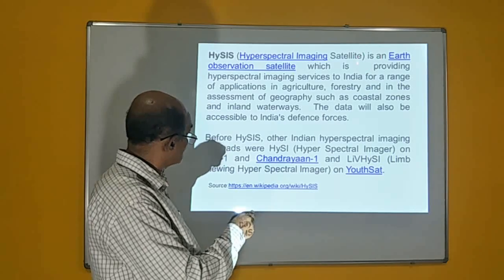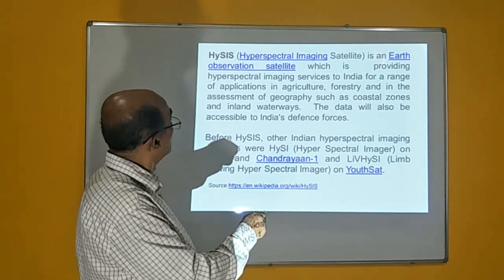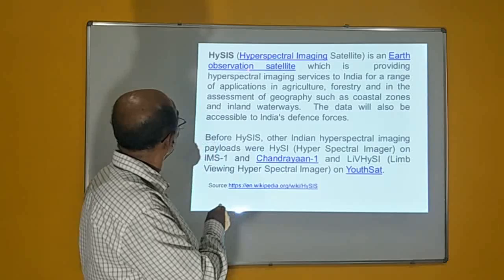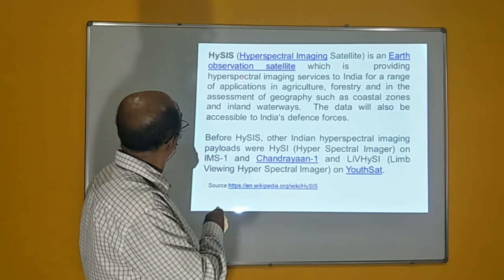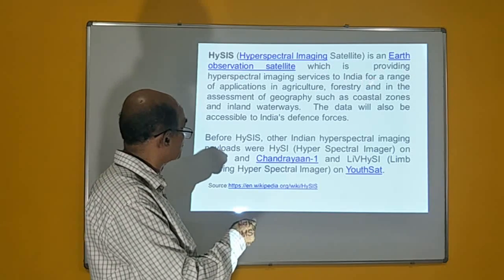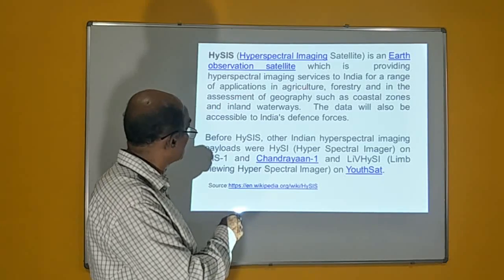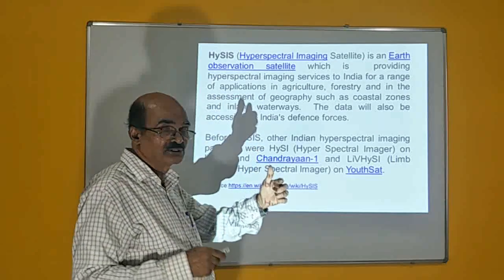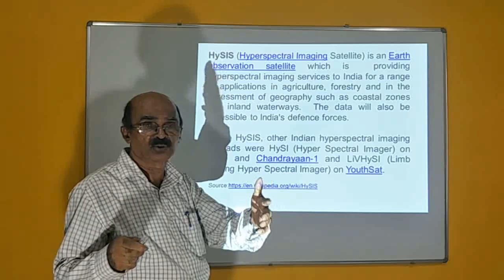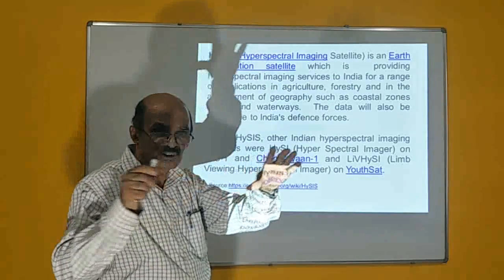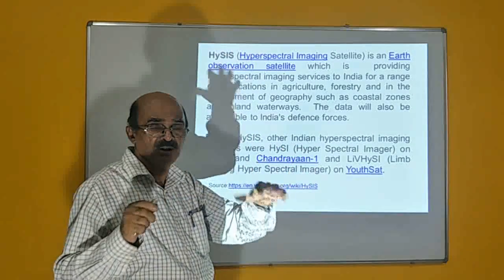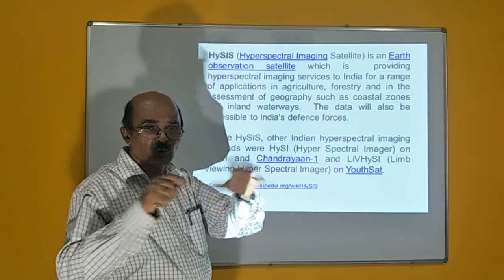So what are the sensors available, and we have discussed, and its specification is an Earth observation satellite which is providing hyperspectral imaging services to India for a range of applications. See, in the field of agriculture, see what type of crops are grown in an area and how much area is coming under paddy, sugar cane, wheat, maize, jowar and all.